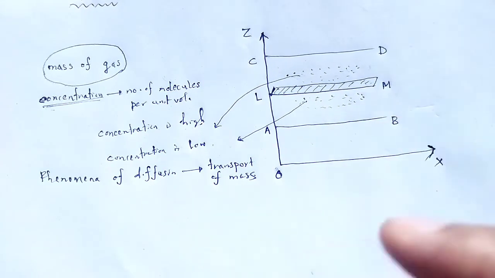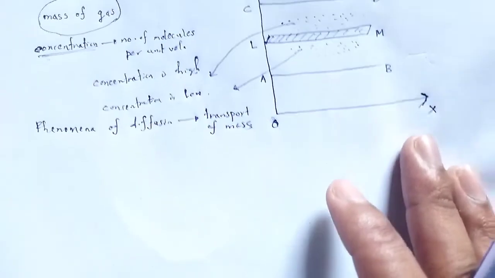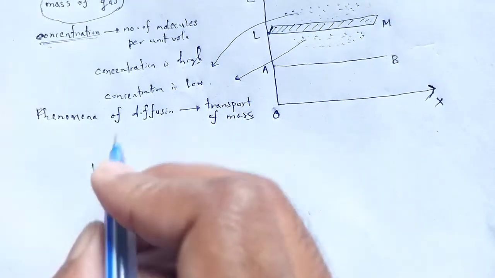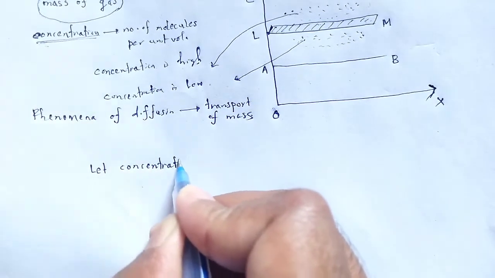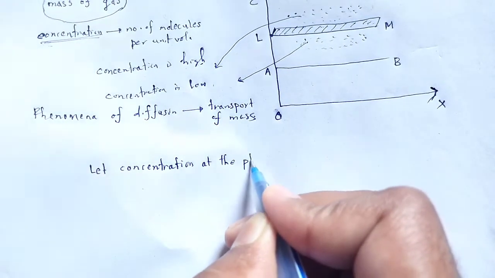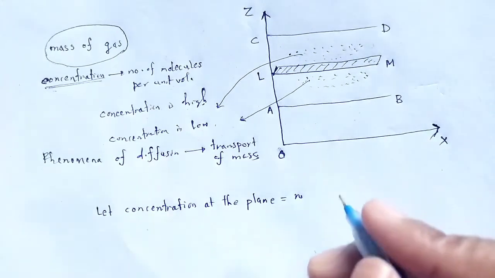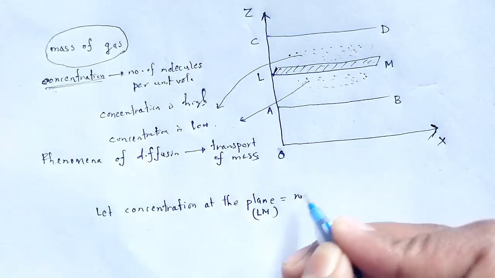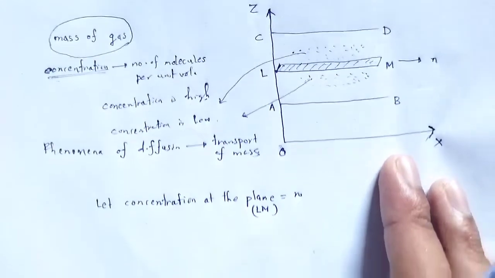So, we can mathematically derive the coefficient of diffusion. Let the concentration at the plane LM be equal to small n.